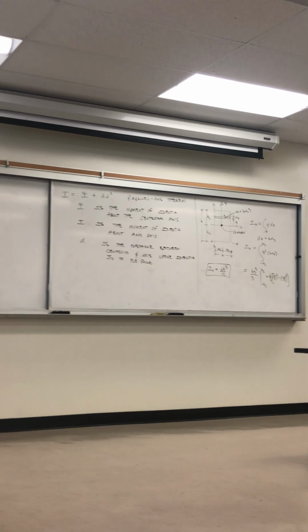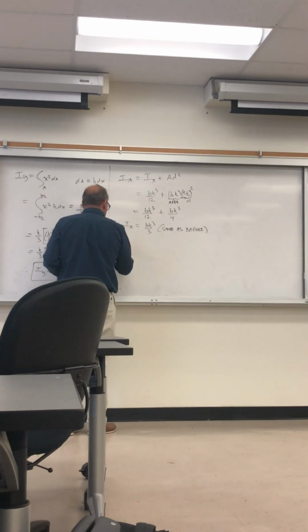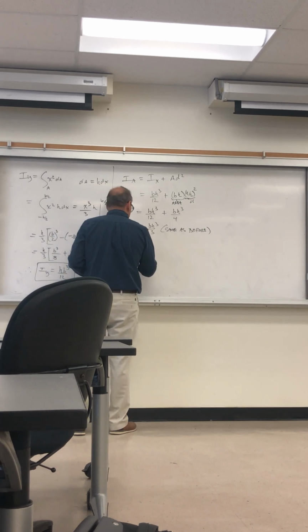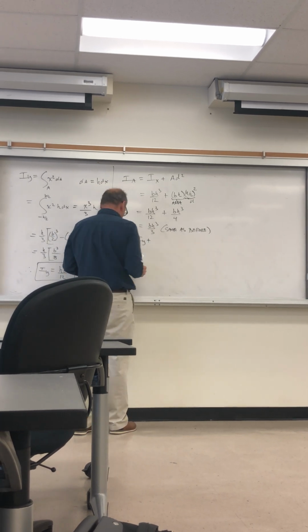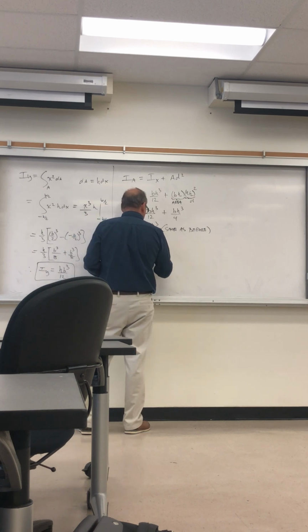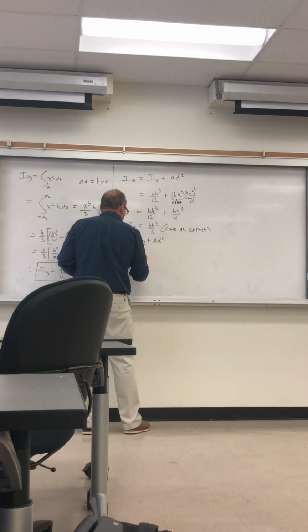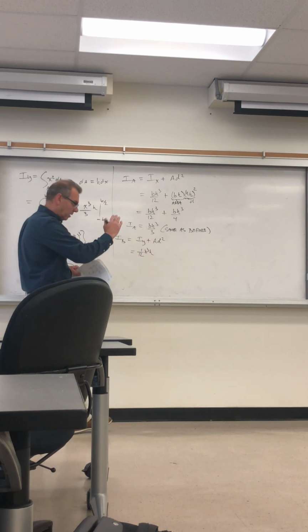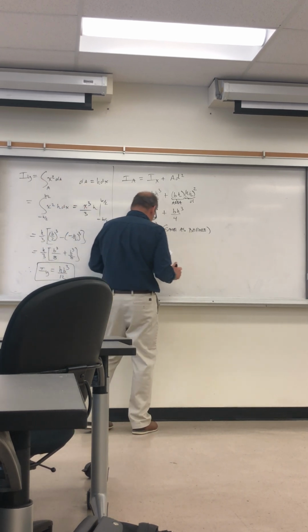So I_B equals I_y plus A d squared. So 1/12, instead of base times height to the third, is base to the third times height, right? The switch, because it's about the other direction.